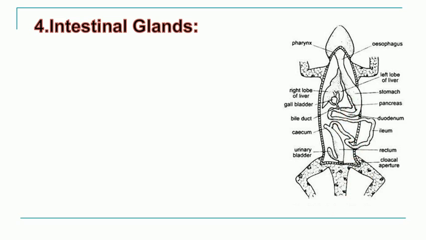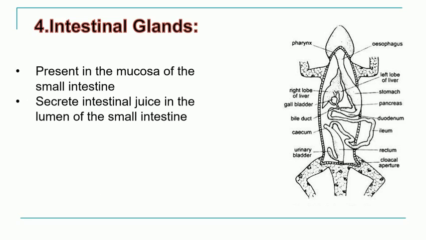Now we move to the last gland, that is the intestinal gland. These intestinal glands are present in the mucosa of the small intestine. Okay, so intestinal glands are present in the mucosa, the inner layer of the small intestine, and they secrete intestinal juice in the lumen or the hollow part of this small intestine.